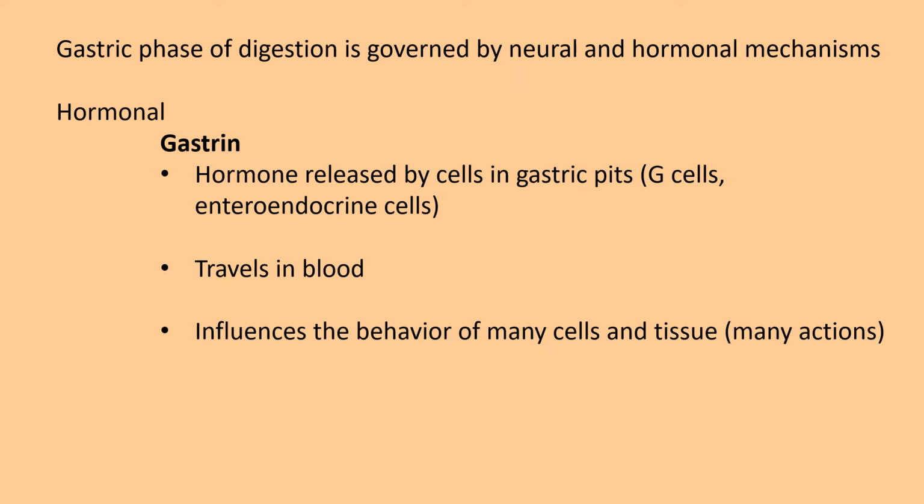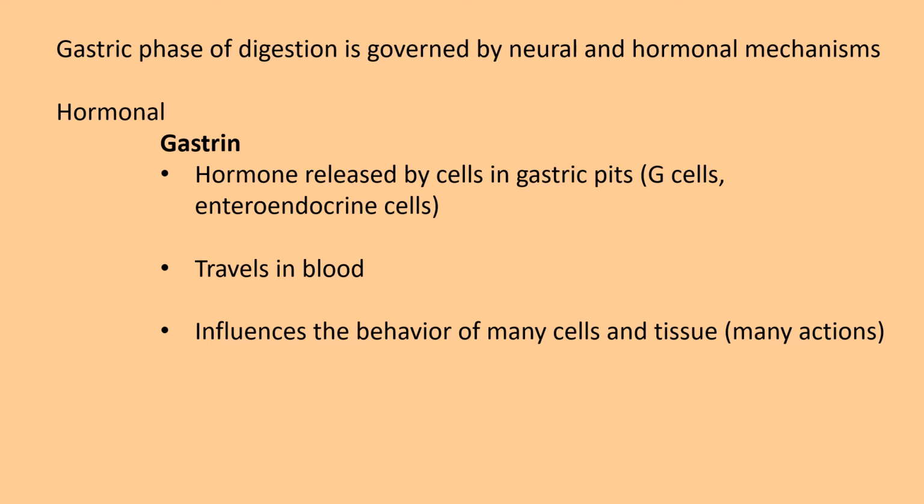Gastrin is a hormone. It's a circulating hormone, which means that it travels in blood. So gastrin circulates all over our body, but it has effector tissues, target tissues, that are part of the GI tract. Gastrin is secreted by enteroendocrine cells. These are hormone secreting cells that are part of the mucosa of the GI tract, the lining of the GI tract.